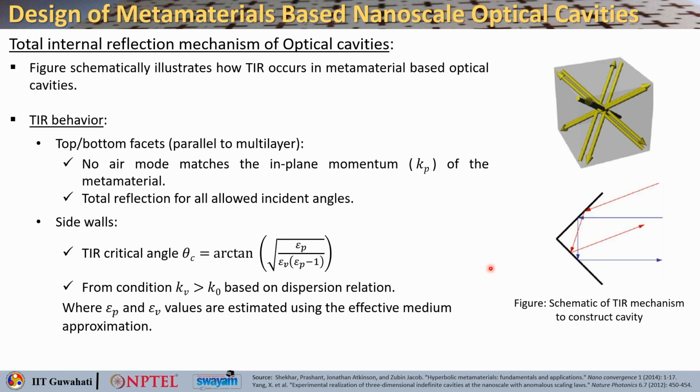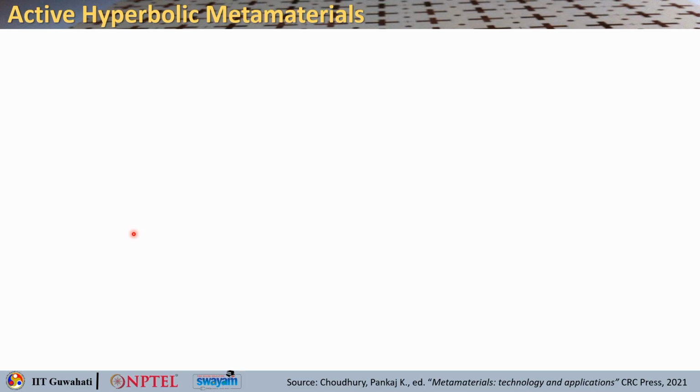So, any angle that is above the critical angle will get total internal reflection, and that is applicable for the side walls of the cavities. So, with that we understood the mechanism behind the hyperbolic metamaterials that can be used for making sub deep wavelength nanoscale cavities. Now, we will move on to discussing active hyperbolic metamaterials.